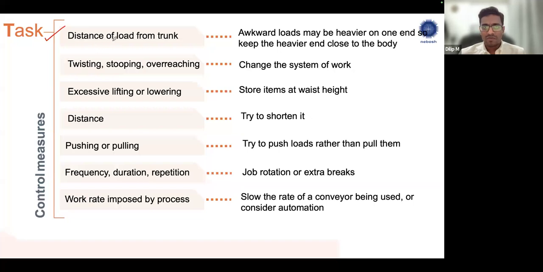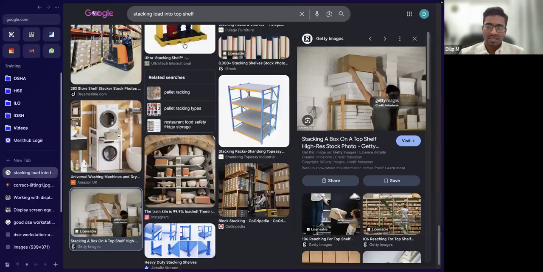What is the distance of load from the trunk? You could clearly see by lifting the load from the top, the distance of the load from the trunk is far away. So if the load is close to my body, lifting a 5 kg weight, and if the load is far away from the body and lifting a 5 kg weight, you could see the difference. Even though the weight is same, let's assume 5 kg.